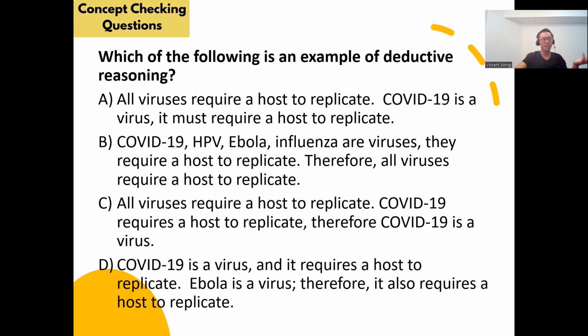Some people say the poll is in the way and blocks the question, so I'll let you read it first, and then I'll launch the poll in a second. Which of the following is an example of deductive reasoning? Read it first. Don't put the choice in the chat box. I will launch the poll in a bit.